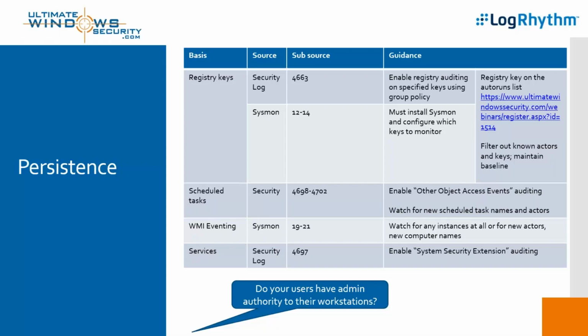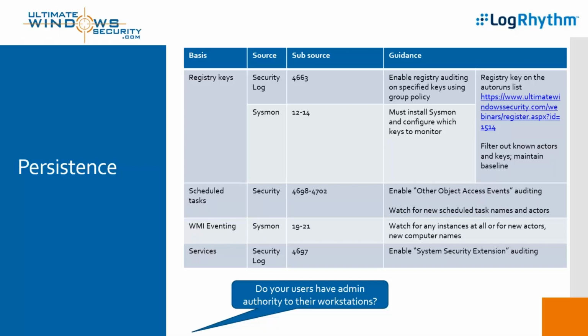I've devoted an entire webinar recently to that first row of gaining persistence through registry keys. Basically what I did there is I went out and got the Autoruns utility from Sysinternals, and I pulled out from it all of the registry keys and made a list of that.